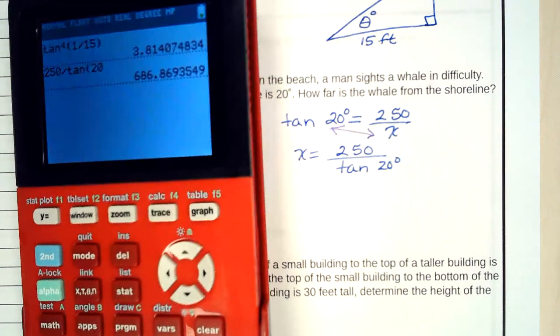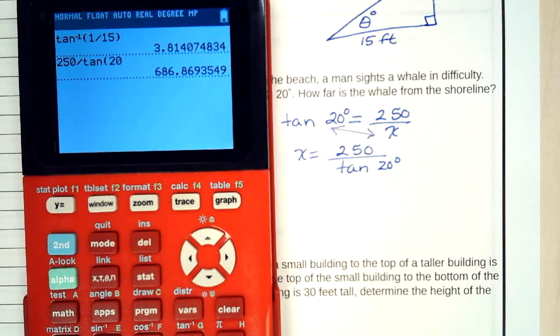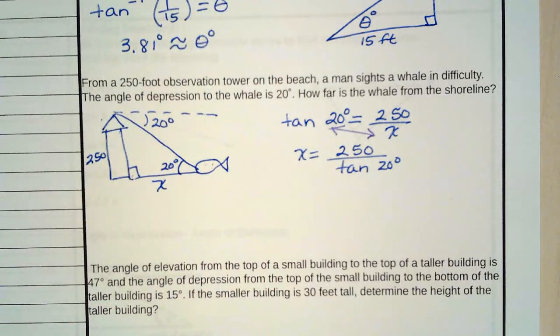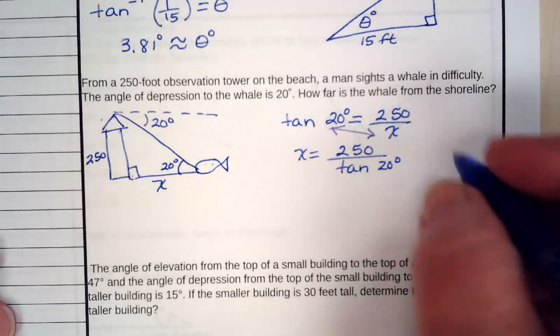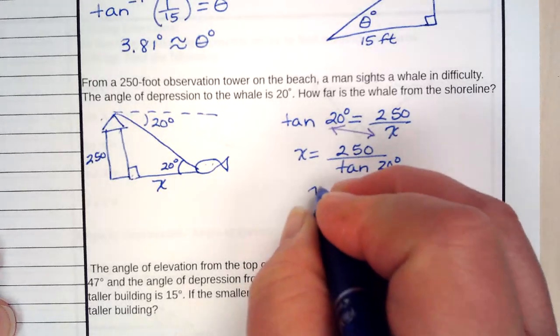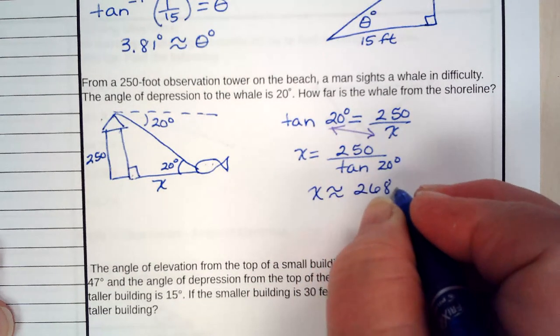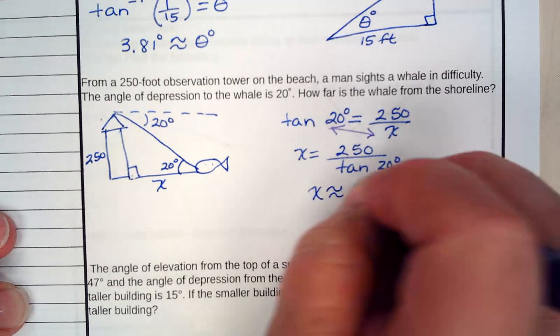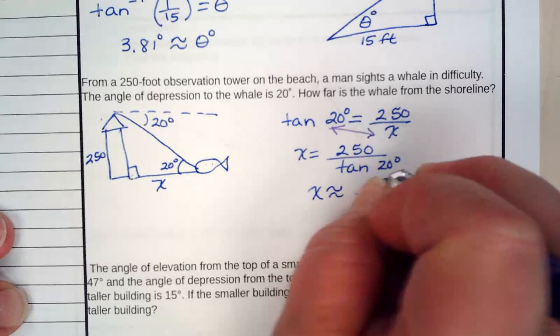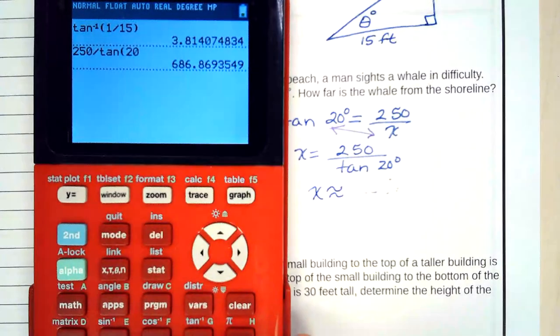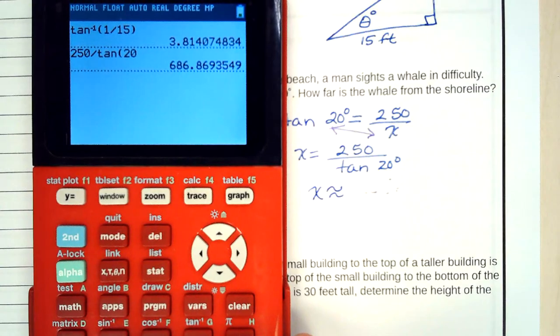And we end up with 668.86, which is about 268.9. I read that wrong. 686.9.